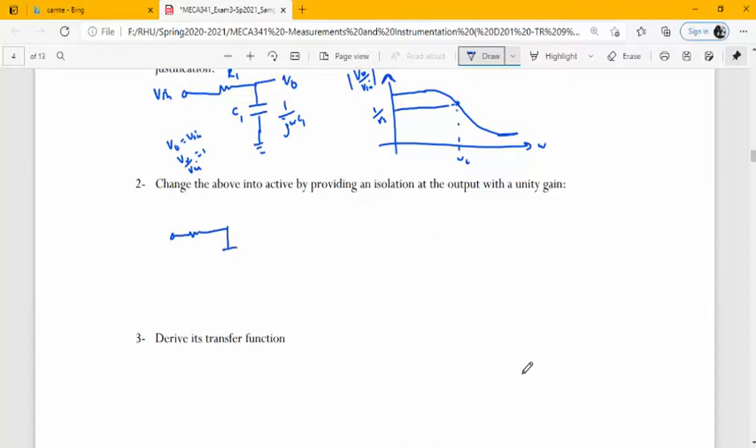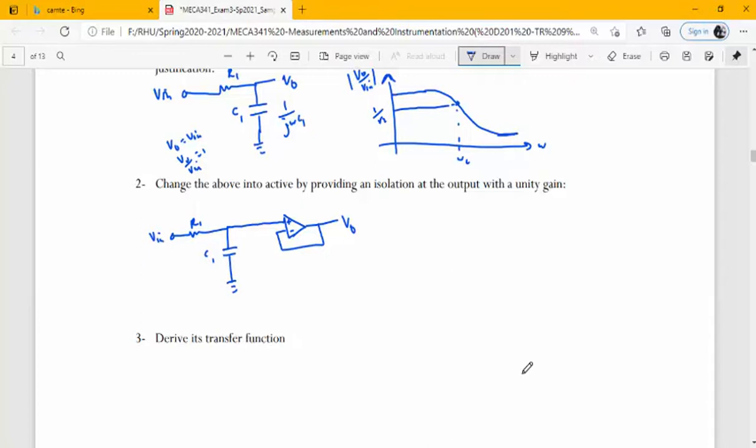So we just take the same circuit, this is the input, and we isolate it by a buffer at the output. This is non-inverting, V0.